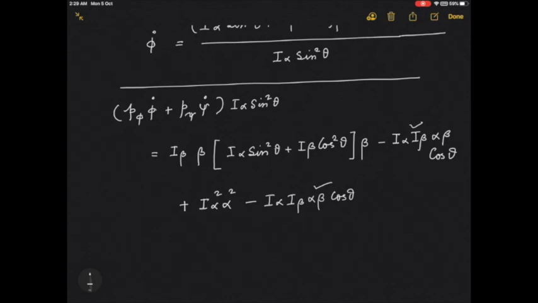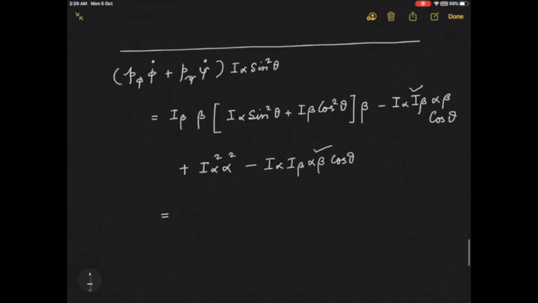So what do I get? If I now try to write P phi phi dot plus P psi psi dot, this is nothing but this entire thing times I alpha sine square theta, divided by I alpha sine square theta.